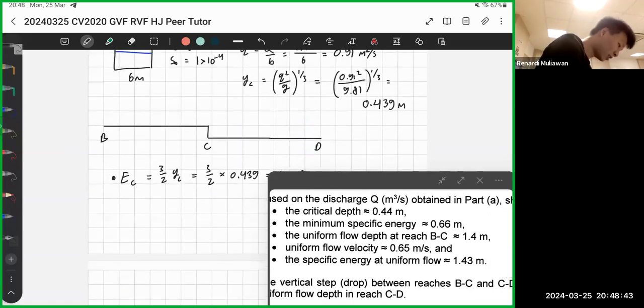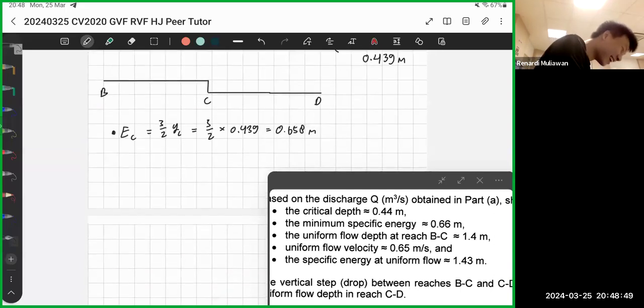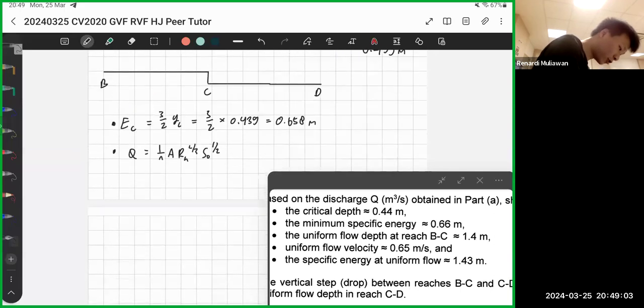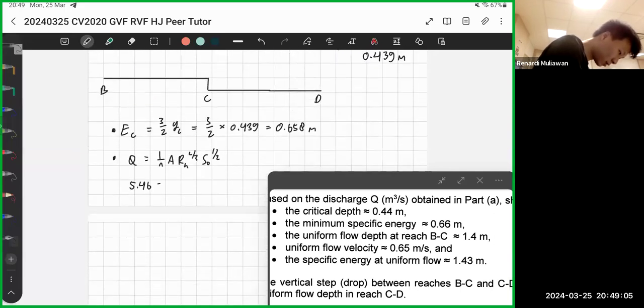So what's the YN here? You need to use Manning's equation. So Q is equal to 1/n times A times R_H to the 2/3 times S0 to the half. Q is 5.46, equals 1/n times area.